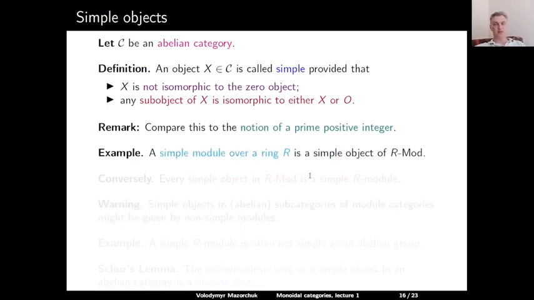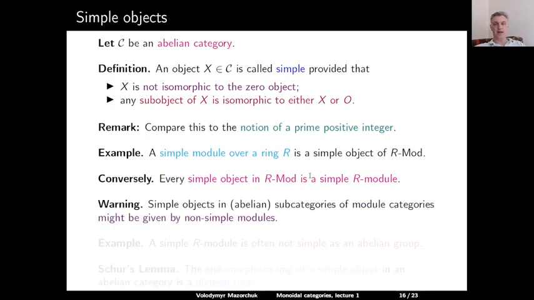Example, a simple module over some ring is a simple object in the category of all modules over that ring. Moreover, every simple object in the category of all R modules is in fact a simple R module. However, a small warning, simple objects in abelian subcategories of module categories sometimes might be given by non-simple modules.